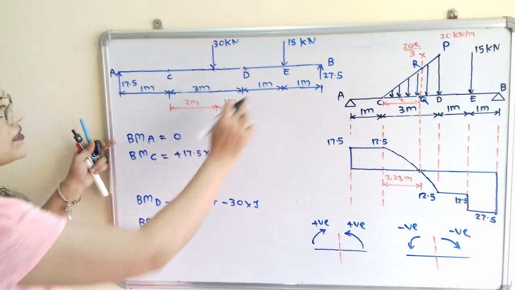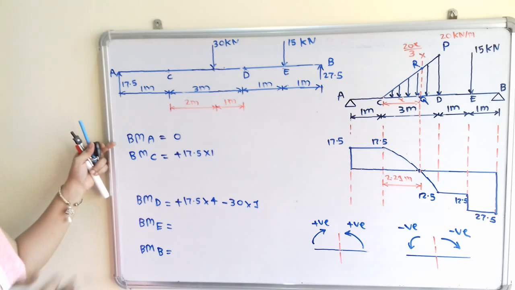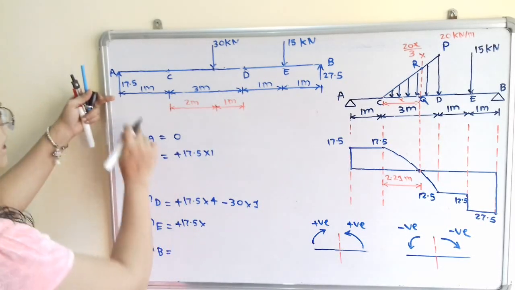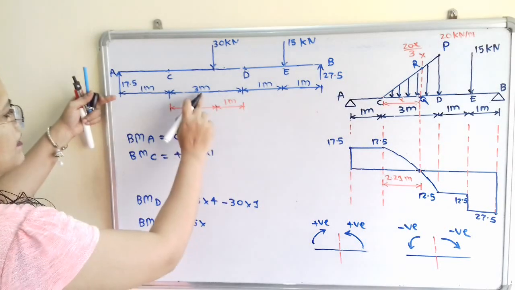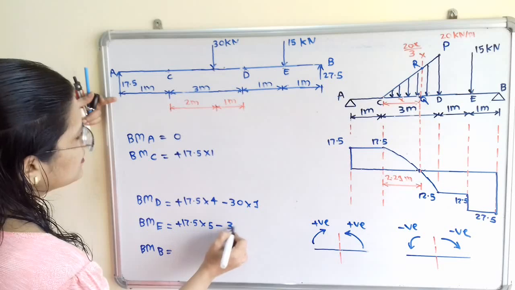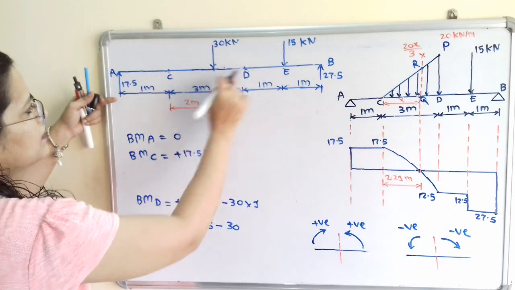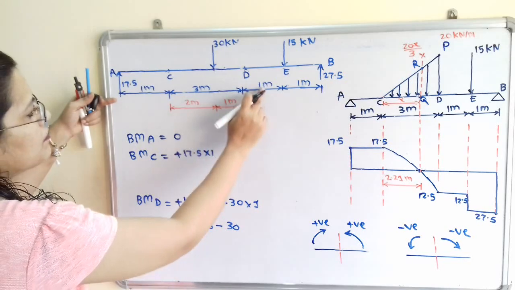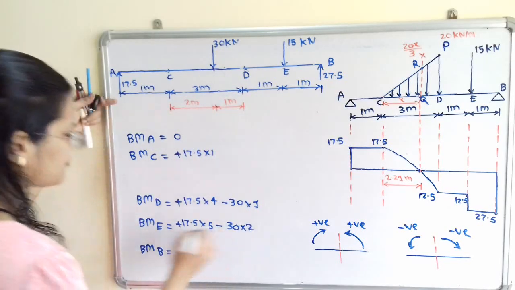Now next is bending moment about point E. So again plus 17.5 multiplied by distance in between AE, that is 3 plus 4 plus 1, that is 5. Then minus 30 multiplied by distance in between this 30 kilonewton and this point E. So it is 1 plus 1, that is 2.